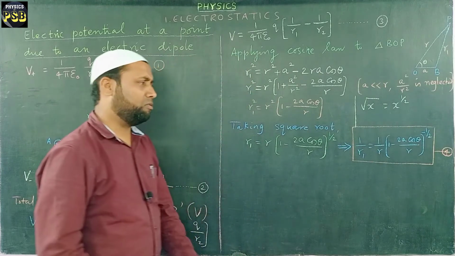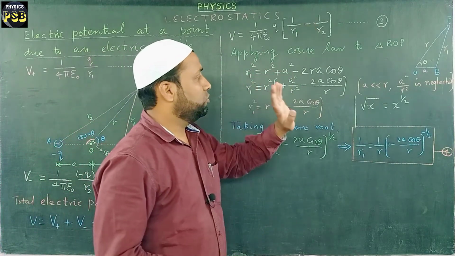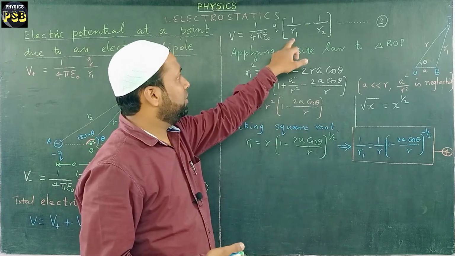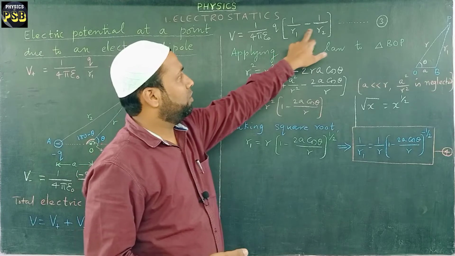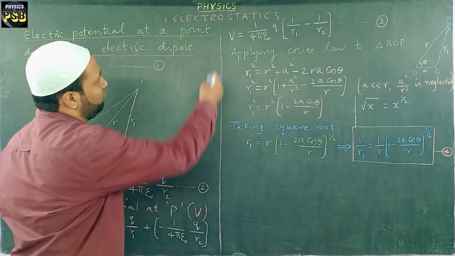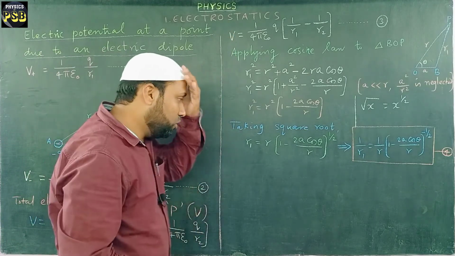Now I need to get the expression for 1 upon R2. After doing so, if I substitute the values of 1 upon R1 and 1 upon R2 in equation number 3, then I easily get the expression for V. This is what I am going to do.